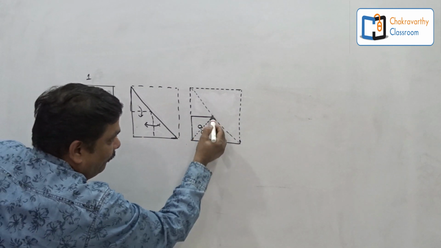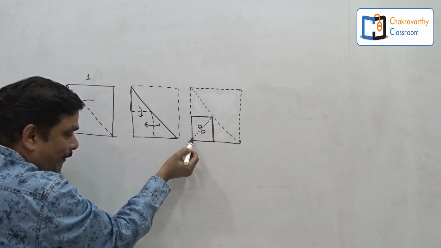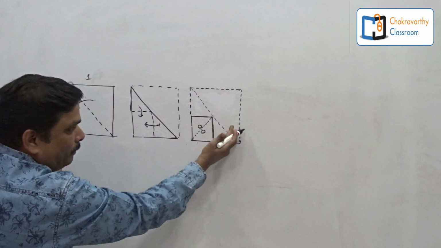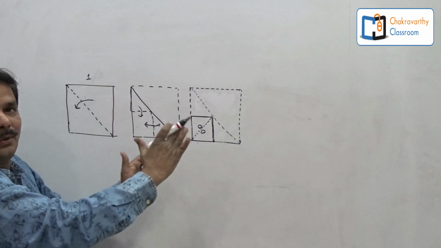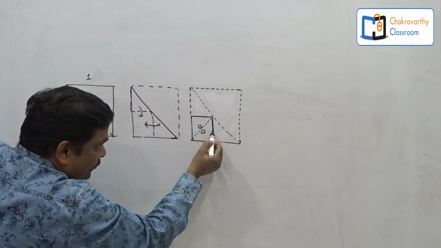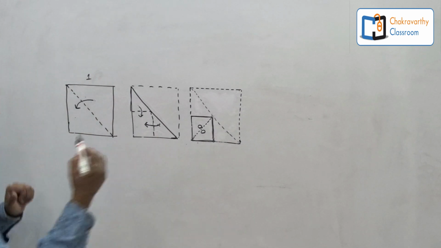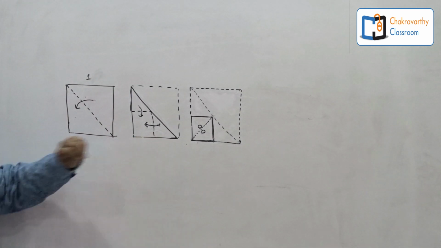And this right angle triangle will be folded in this way. This hypotenuse will be matching with this one, completely overlapping with this. Okay, this one. And of course, this is one side, this is the other side. This hypotenuse will come here. Now it is very easy to understand.